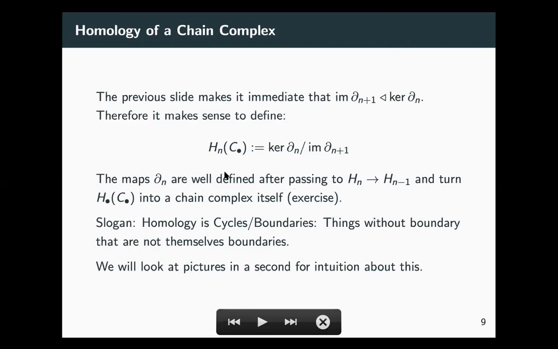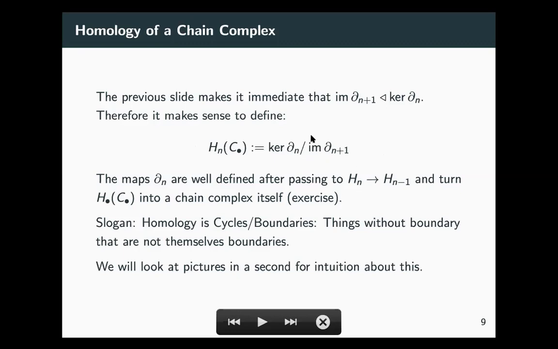So what we're going to do is define the homology of a chain complex at n to be the kernel of partial n over the image of partial n plus 1, delta n plus 1. The right way to think about this is that this is everything that doesn't have a boundary, and this is everything that was a boundary. So we're looking at things that don't have boundaries, but are not themselves bounding something.